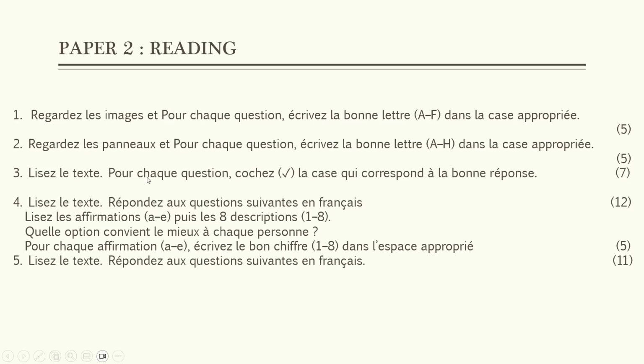And then they get 3 different comprehension passages. The first comprehension passage is very simple, the niveau débutant, where they just read the passage and choose the best answer. The second one is a little higher, where they have to be a little careful.